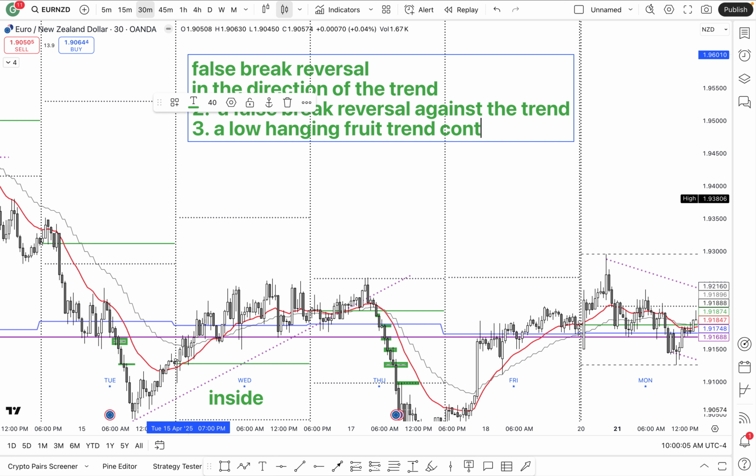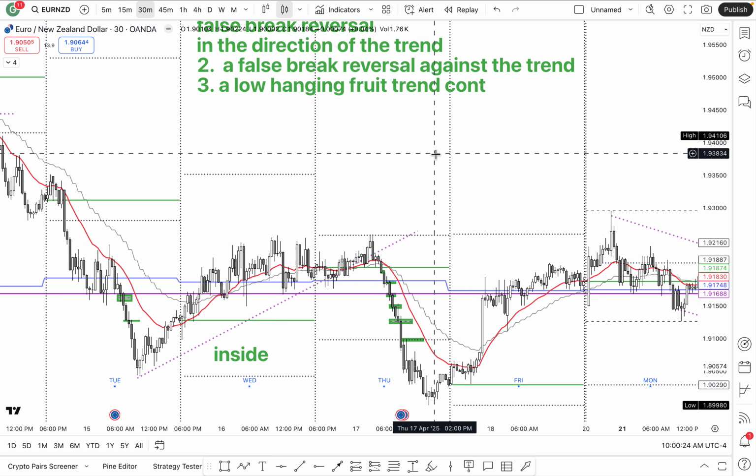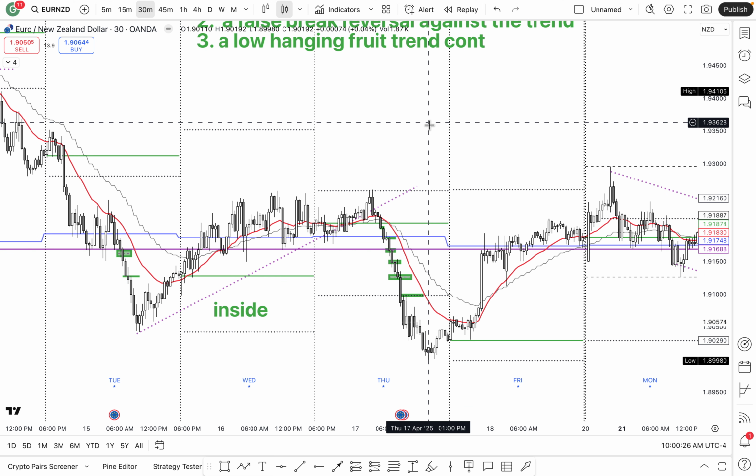Now we all know what a low hanging fruit looks like. A low hanging fruit trend continuation, a false break reversal against the trend, and a false break reversal in the direction of the trend. Now, I talked about momentum.